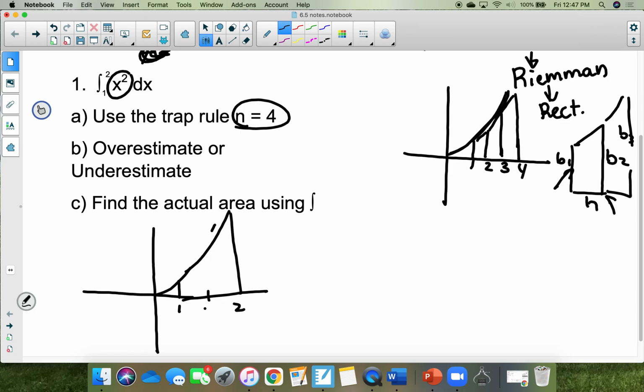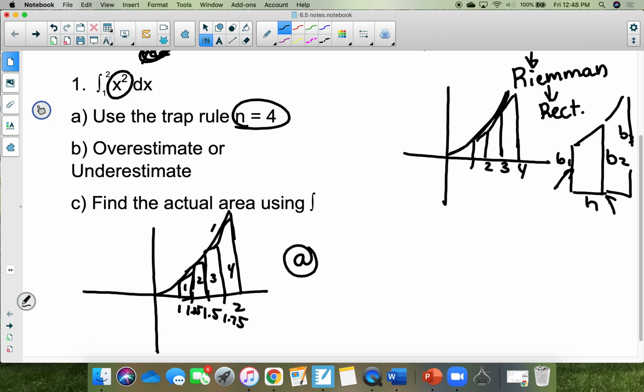This is 1.5, this is 1.25, and this is 1.75. So basically we're going to put 1, 2, 3, and 4 in here. This is the first one, the second one, the third one, and the fourth one.